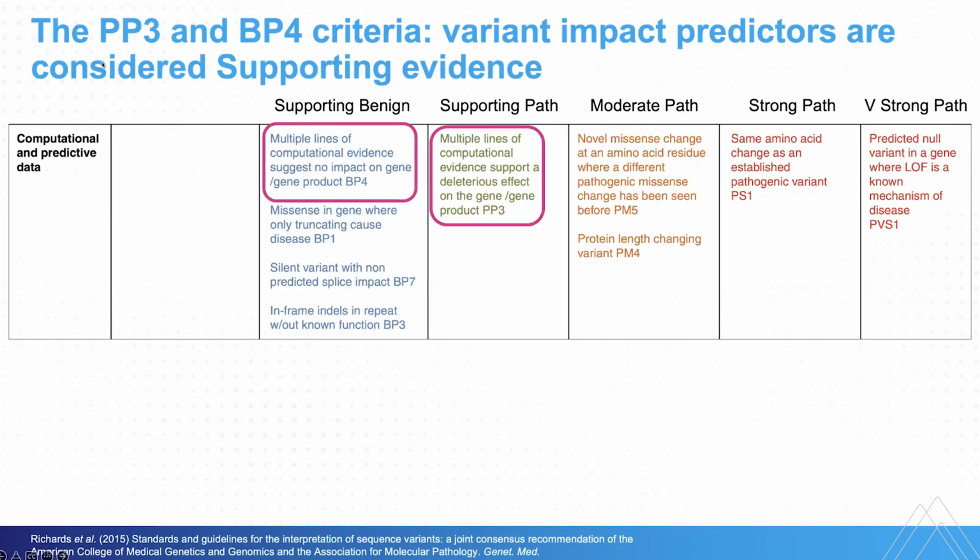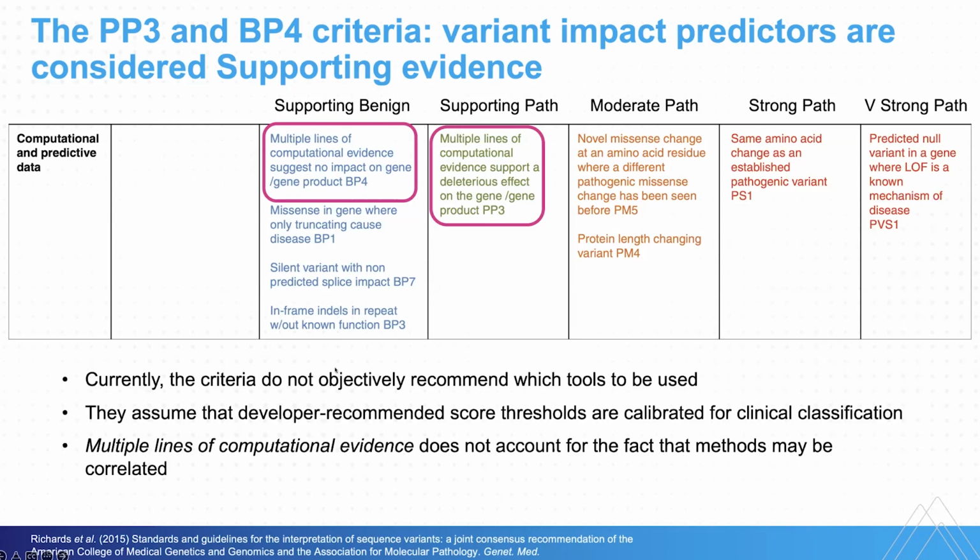From the perspective of machine learning methods and computational methods more broadly, there's the PP3 and BP4 criteria. And the PP3 and BP4 criteria basically state that computational methods, predictive methods, serve as supporting lines of evidence, so the weakest strength of evidence.